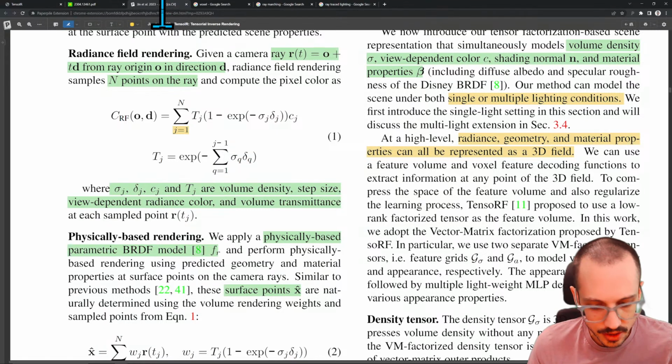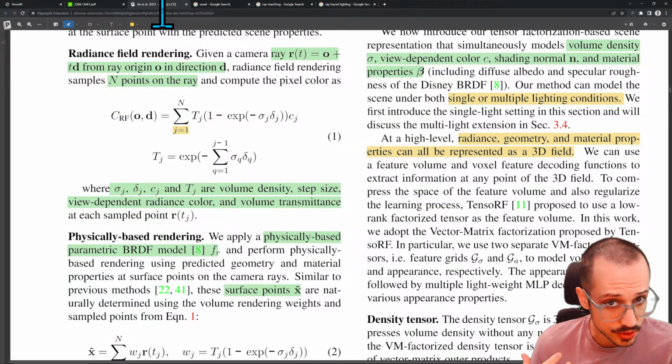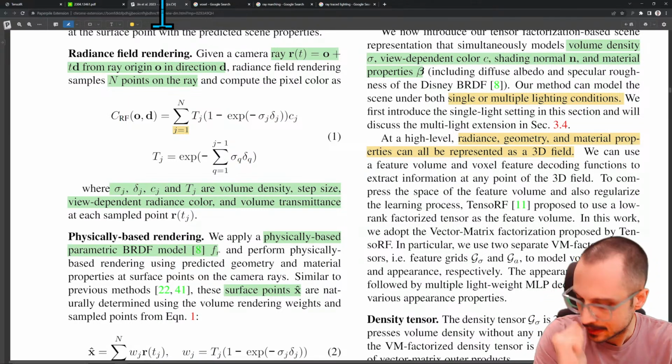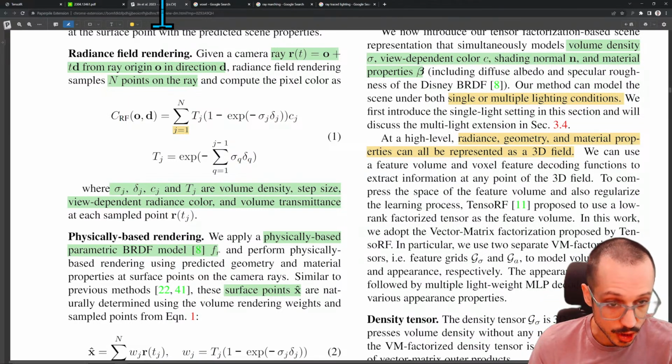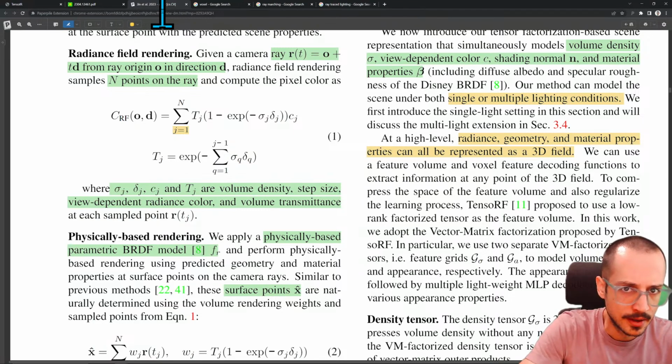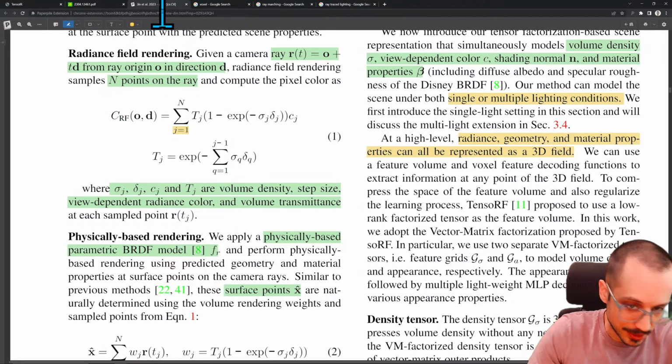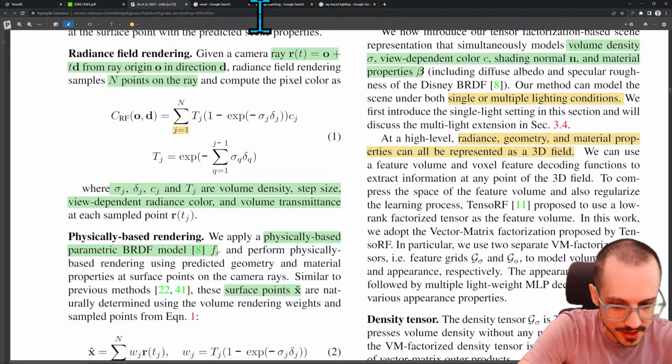There are NeRFs that use time as well, but NeRFs that have time are still very much a research problem. I haven't seen someone solve that issue, where we can actually have a NeRF video that's really good. Usually the NeRF videos are very small, very short duration, low frame rate. And this paper is no different, right? It's basically a static scene.